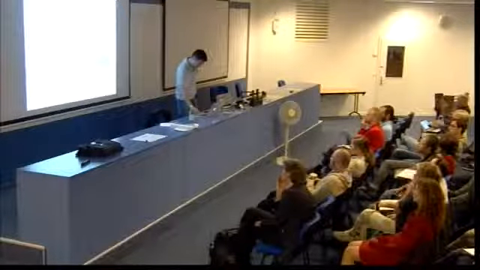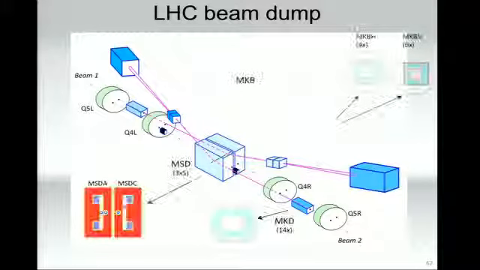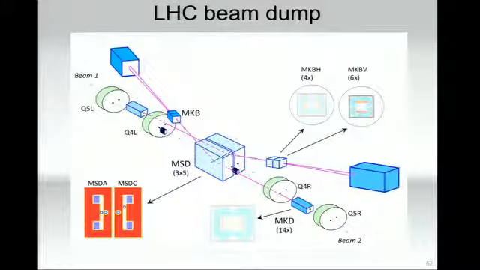Which brings me to the beam dump, which of course is, if we ask the beam to be dumped, it has to dump the beam. We're going to go into the tunnel, so see this for real in a minute. But we've got fast kicker magnets, 14 of them. We've got beam 2 coming this way.